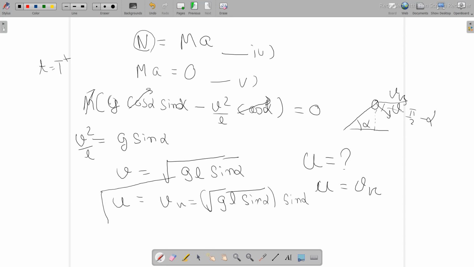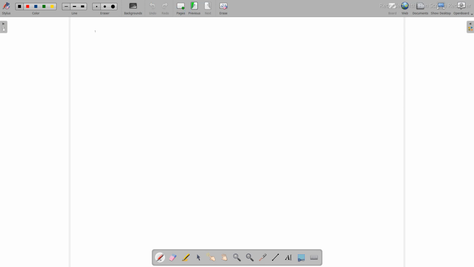Therefore, one part of the question is calculated. Now we have to calculate the ratio of the masses. For this we apply conservation of mechanical energy.